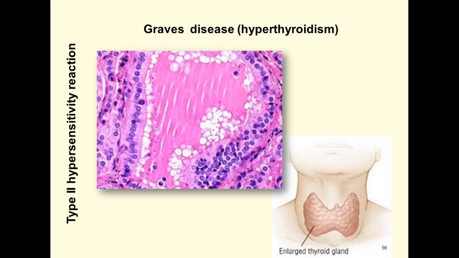And what do we have in the result? We have an increased amount of the parenchyma of the thyroid gland, because our organism stimulates more and more to synthesize T3 and T4.